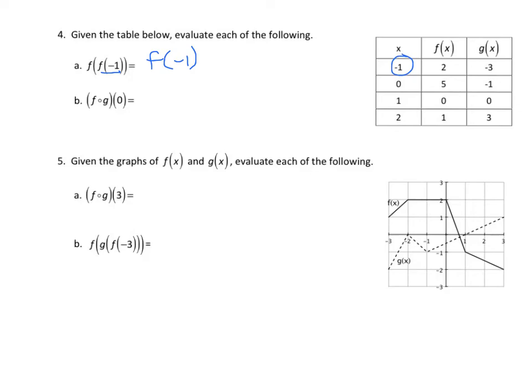And then we go over to the corresponding y value in the f column, and we get 2. Now 2 becomes our new x that gets plugged into the outer function, which is also f. So we find f of 2. We go back to our x column, find 2, go to the corresponding y value in the f column, and we get 1, which is our answer.